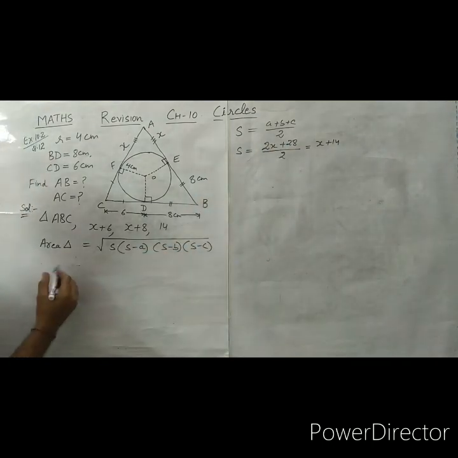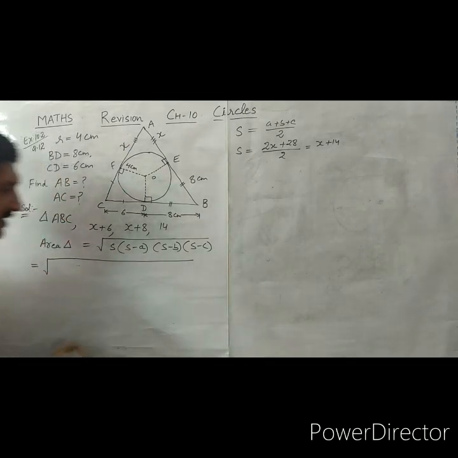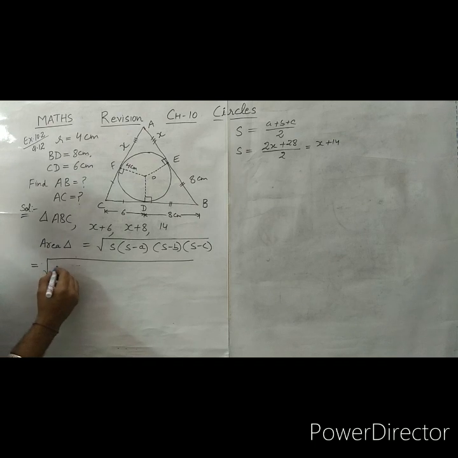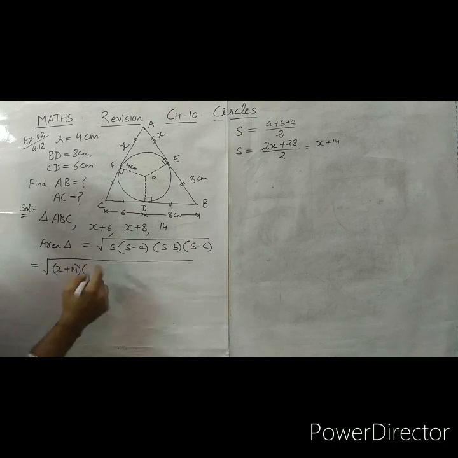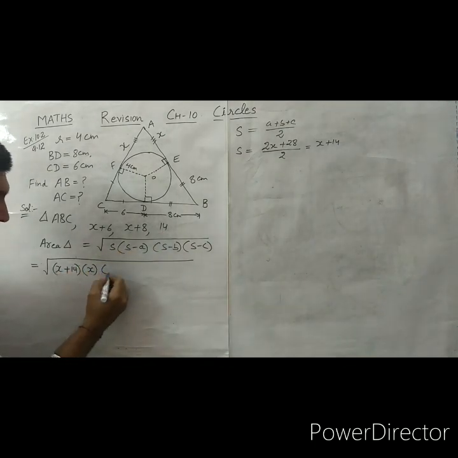Now according to Heron's formula, the area of triangle ABC is equal to the square root of x plus 14, S, into x plus 14 minus 14, which is x.